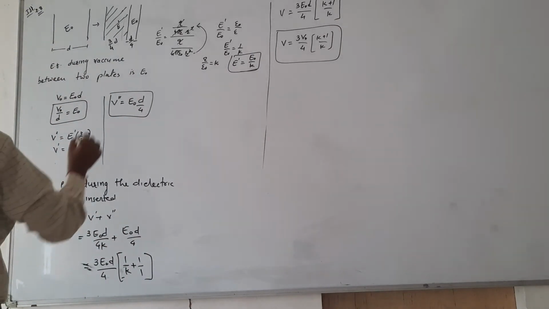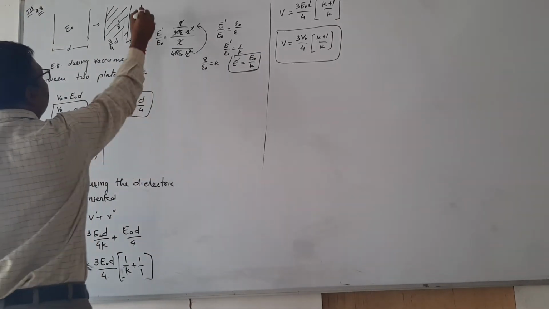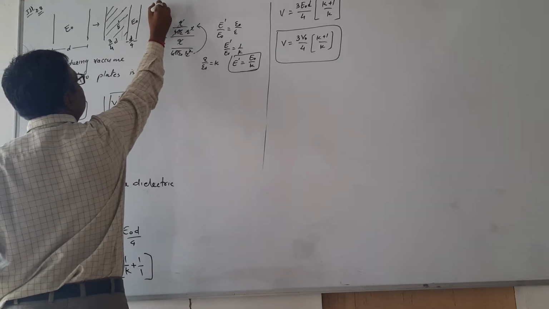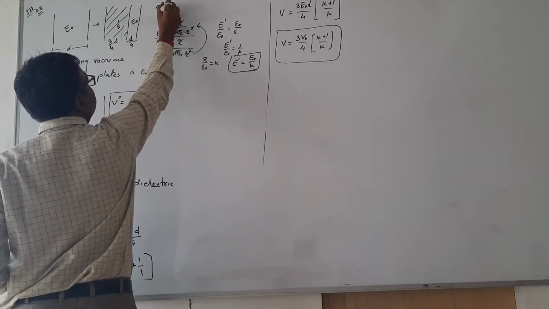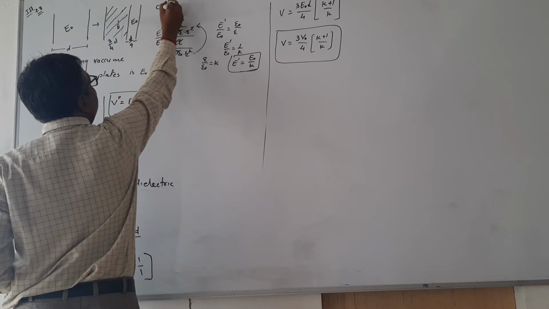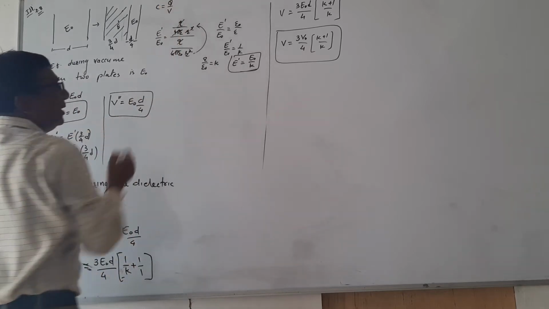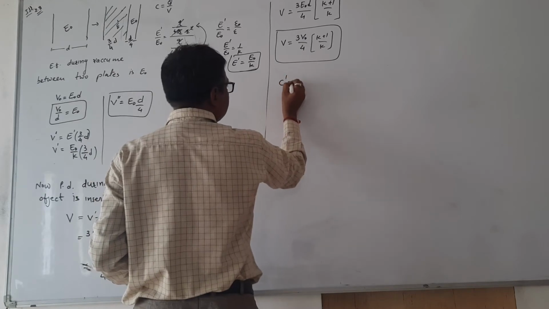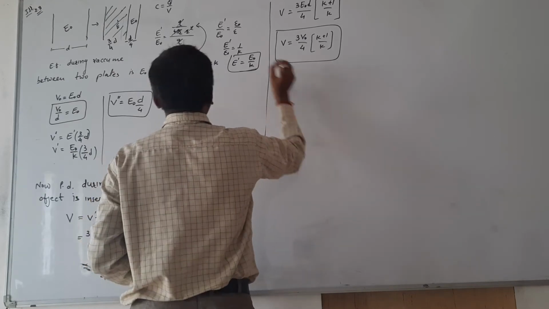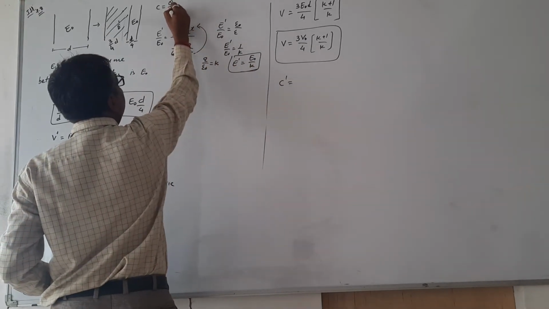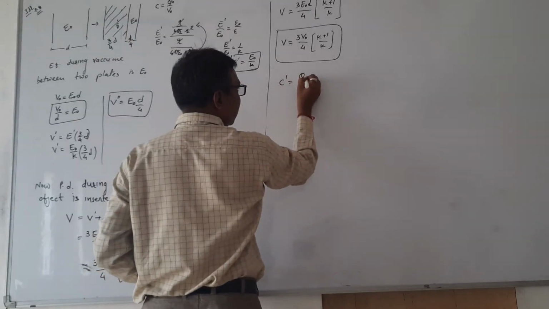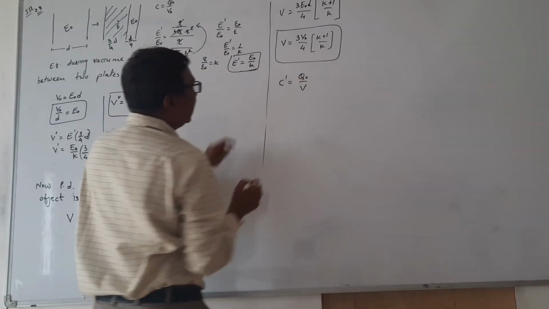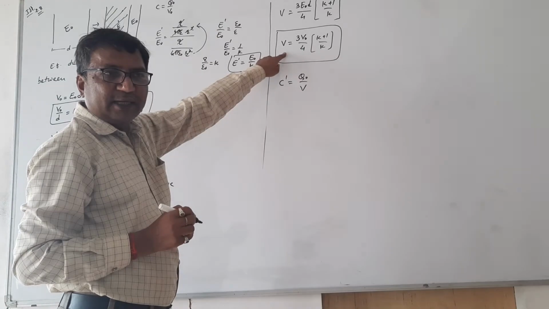Capacitance, you know, C is equal to Q upon V. So here C dash is equal to Q0 upon V. Charge cannot be changed, but here V is changed.